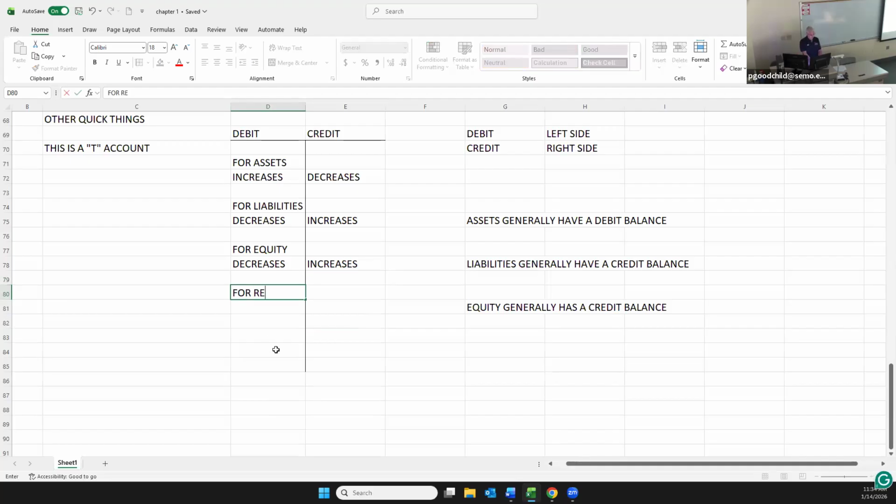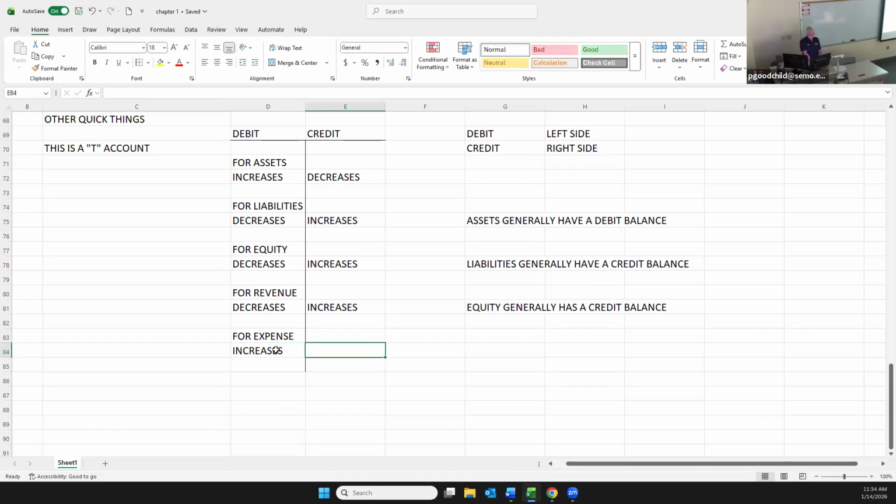For revenue, debit decreases. The credit increases. For expense, the debit increases. And the credit decreases.